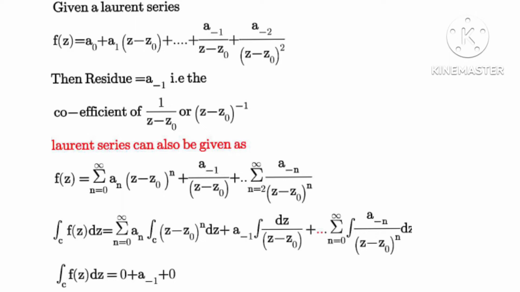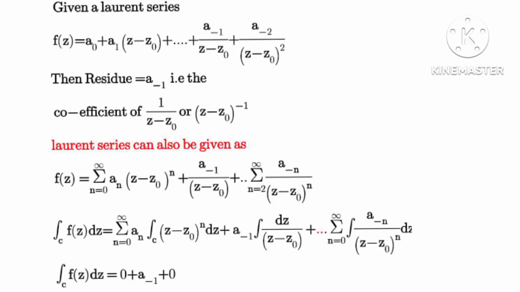Sorry, this other part where I inserted n equals to 0 is meant to be n equals to 2. So kindly change that. So we have it to be integral of a minus n over z minus z naught. And for all integrals, since z minus z naught is analytical, that is, it has no denominator, so automatically the integral of z minus z naught raised to power n dz becomes 0.